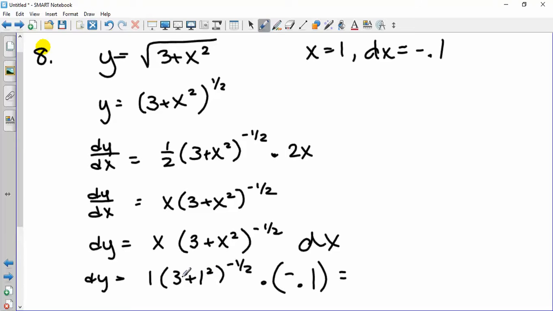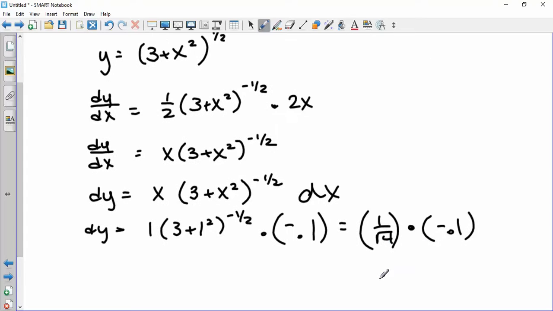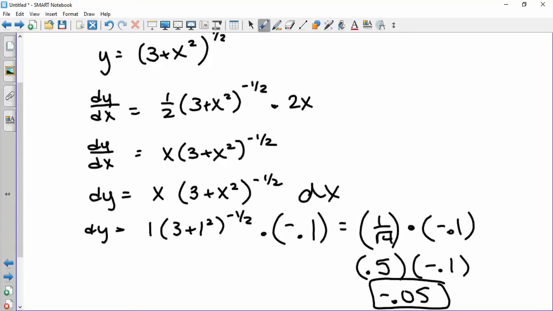So then 1 squared is 1, plus 3 is 4. 4 to the negative 1/2 means 1 over the square root of 4 times the negative 0.1. So 1 over the square root of 4 is 1/2, or 0.5, times negative 0.1. So we get negative 0.05. So all you really have to do there is do your derivative like normal, and then just move that dx over at the end and plug in everything.